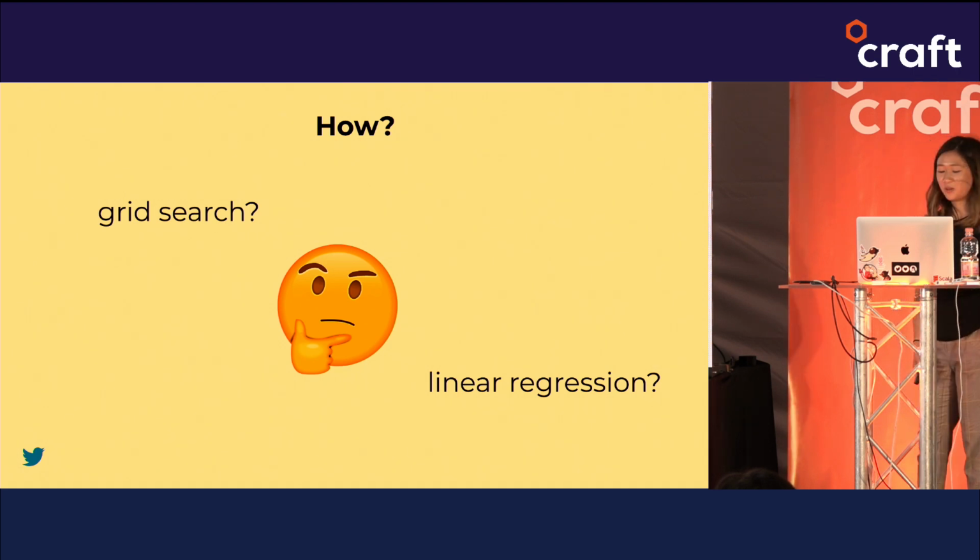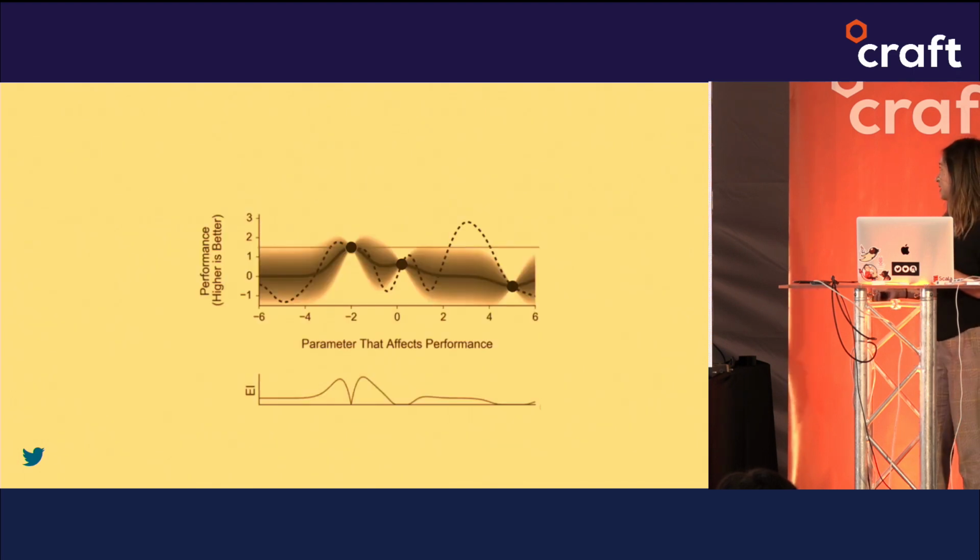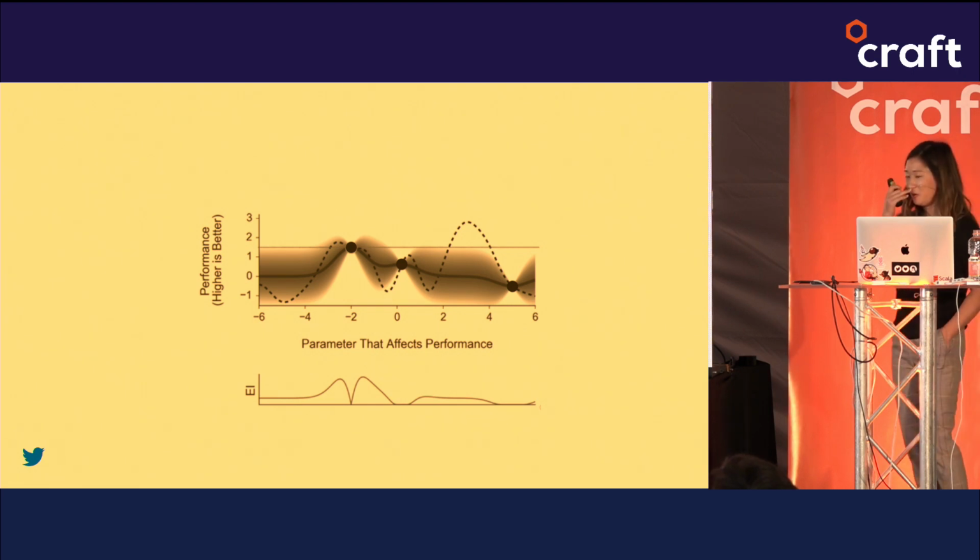And a picture is worth 1,000 words, so let's get into how it works with a visual. So there's a lot to unpack in this slide. Just to be clear, the x-axis is the parameter that we were talking about before, the 5, and the y-axis is some measure of performance, and we're assuming higher is better.